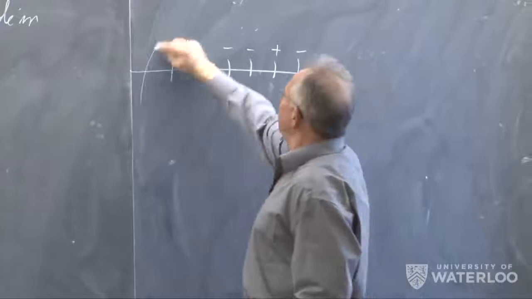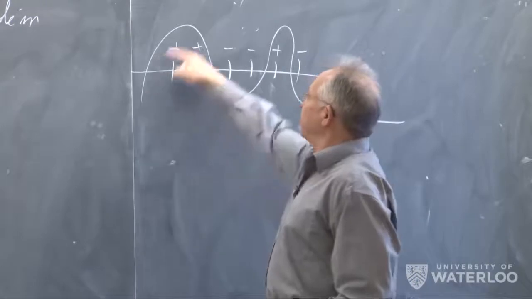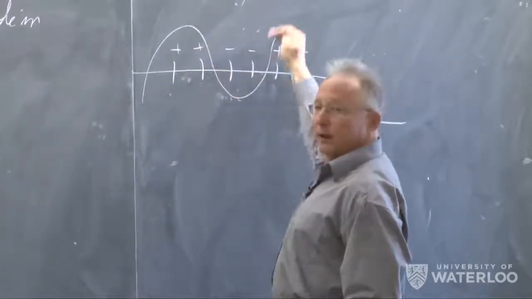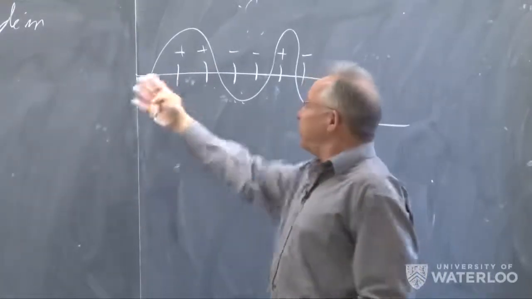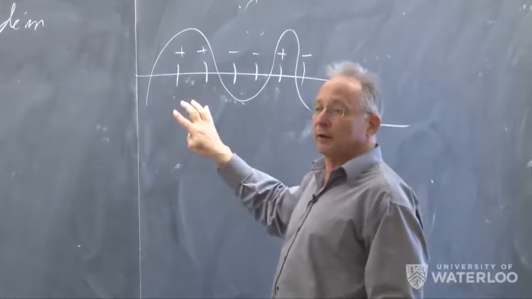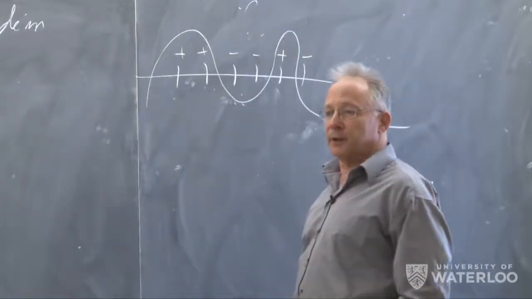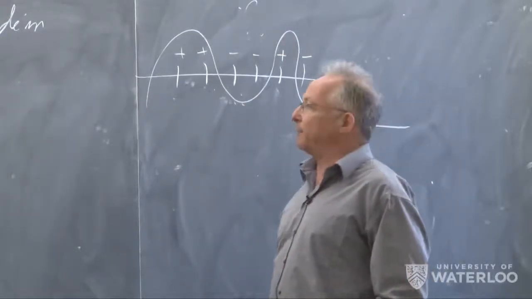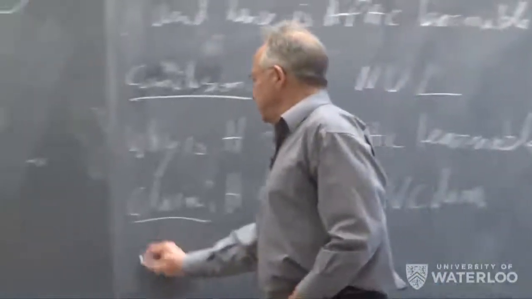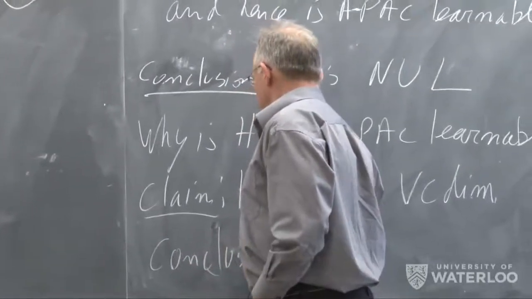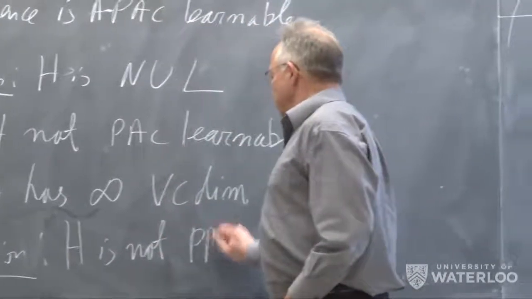If you don't bound the degree of the polynomial, I can find a polynomial that will be positive on your pluses and negative on your minuses for every finite set. So for every finite set and for every partition of this set into pluses and minuses, I can find a polynomial that will match this partition. And therefore, we can shatter every finite set, and it has an infinite VC dimension. So the other conclusion is that H is not PAC learnable.